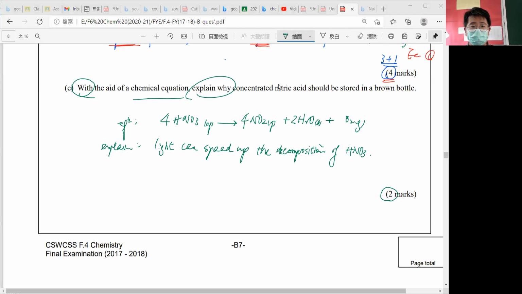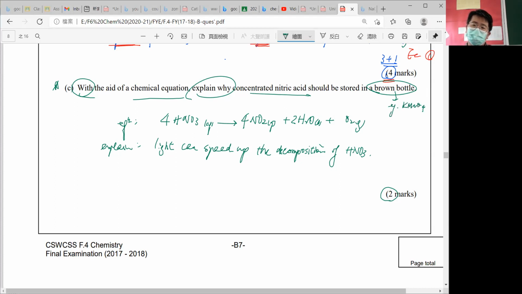So remember, you need to balance the equation. Somebody may find it quite hard to understand, right? So that's why it's stored in a brown bottle. You may think of some other cases of chemicals stored in brown bottles. Could you please give me some other examples? What is the other example?